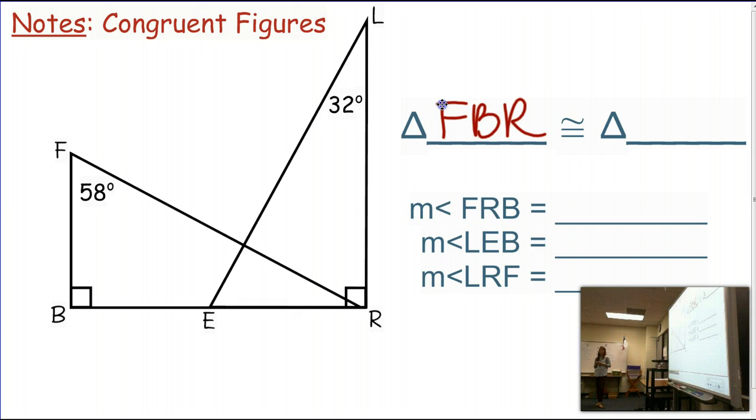Mike, go finish off the congruence statement. Julie, you have the first blank. Madison, you have the second blank. And Hubble, you have the third blank.